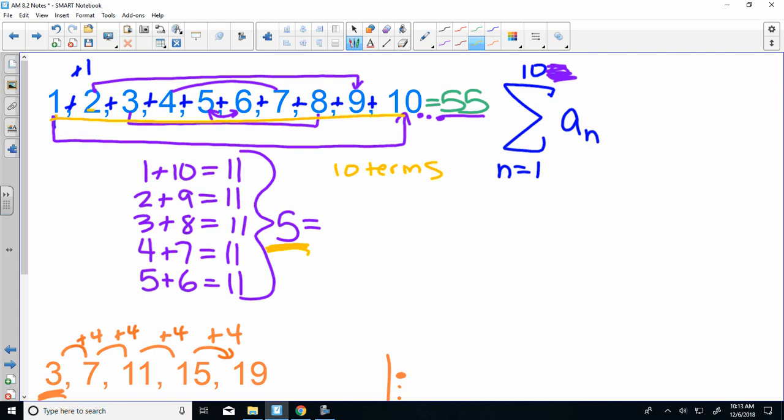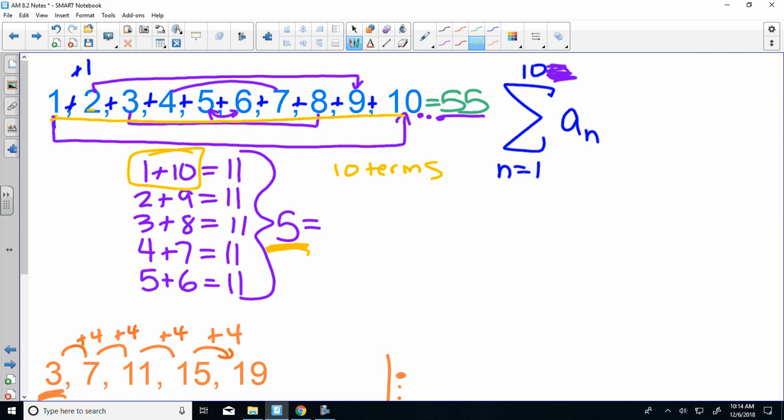And 11, 11, 11, and 11 is found by adding up the first and the last, the second and the second to the last, and so on. So the easiest terms to find would be this group right here, the first term and the last term.